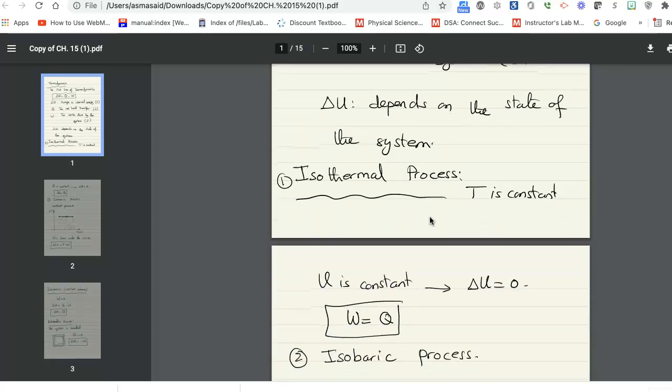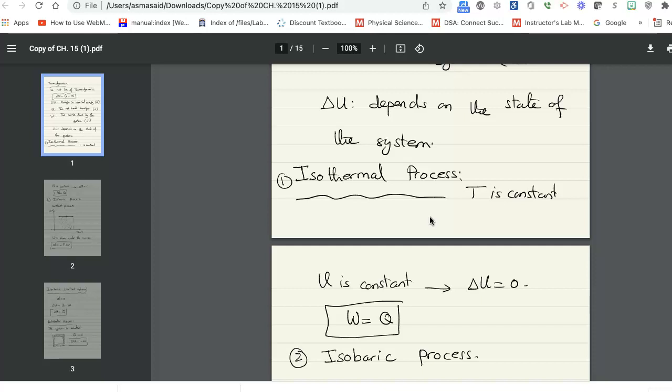Now, there are several processes here that we are going to talk about. One of them is the isothermal process. Iso means equal, and thermal means temperature, so the temperature is going to stay the same, and U, the internal energy of the system, depends on the temperature.